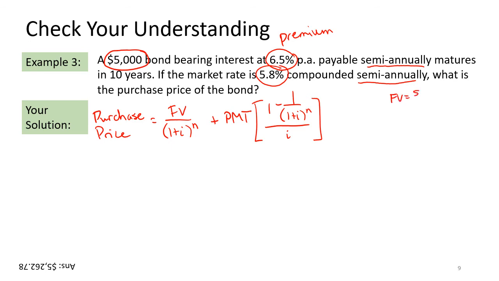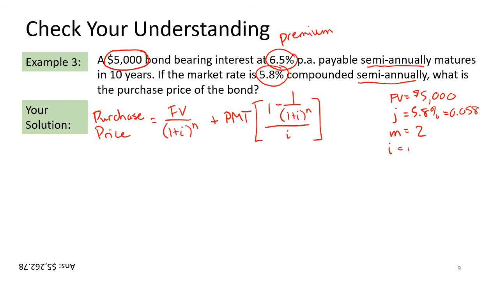In this case, my face value is $5,000. Our nominal interest rate is 5.8%, which is equal to 0.058. Our number of interest compounding periods, M, is semi-annual, so it's 2.